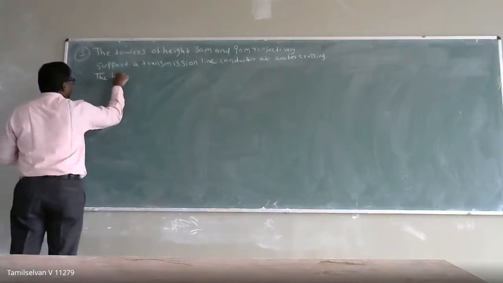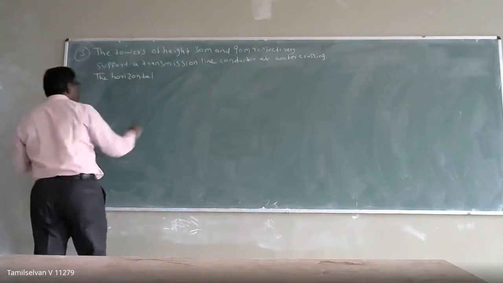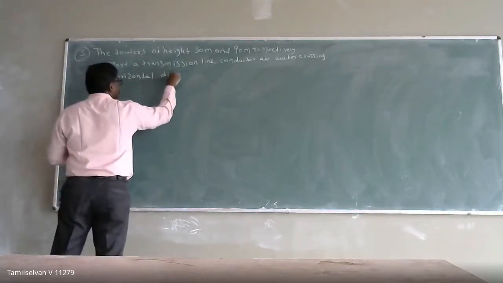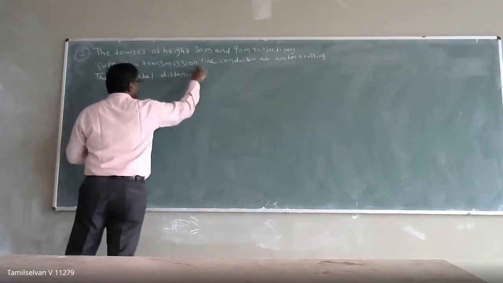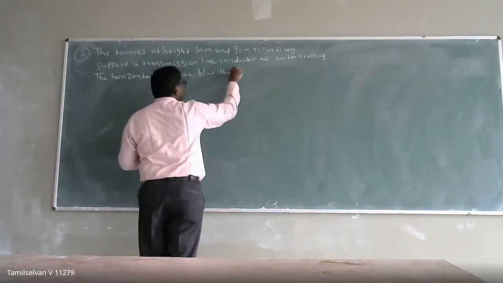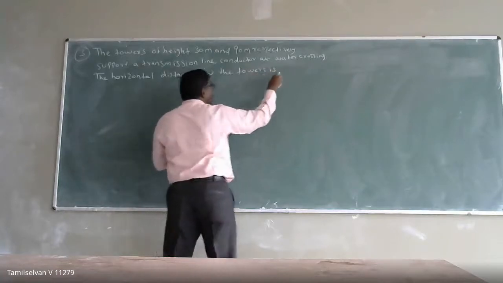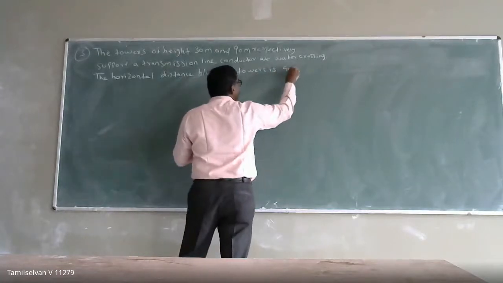The horizontal distance between the towers is 500 meters.